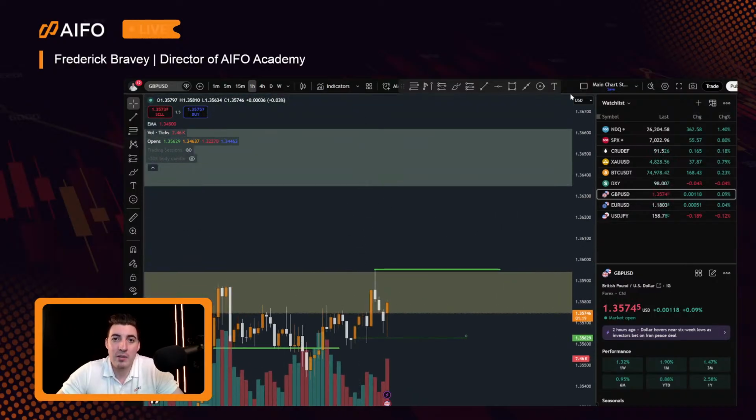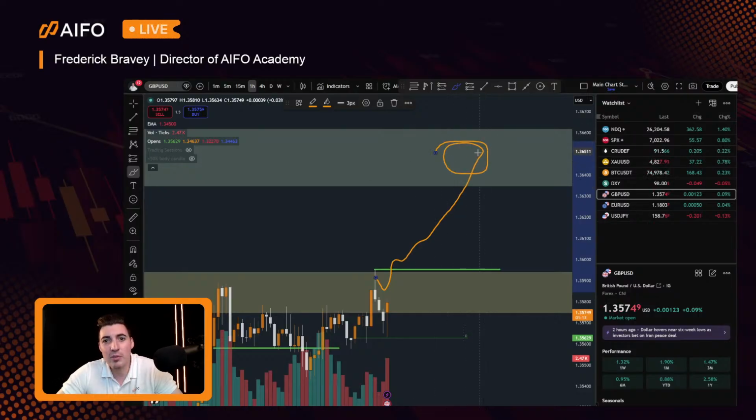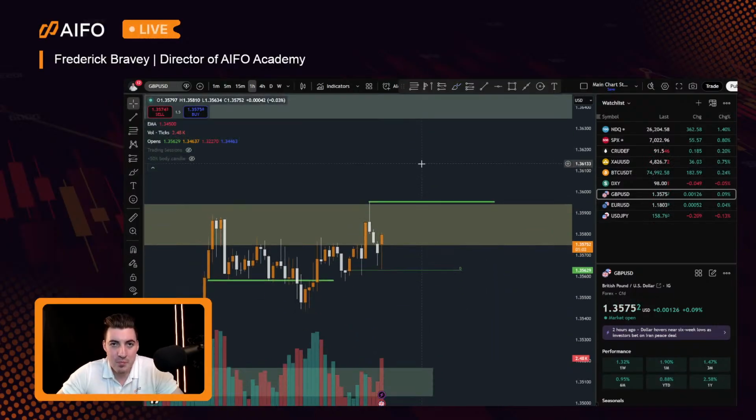And then what I want to do is see what happens when the price retraces back into this area. And if we see the price retrace into this area and there is a rejection and we see that the price then wants to reverse, then I'll be looking for a short position. So today, that is basically all I'll be looking at for the time being.